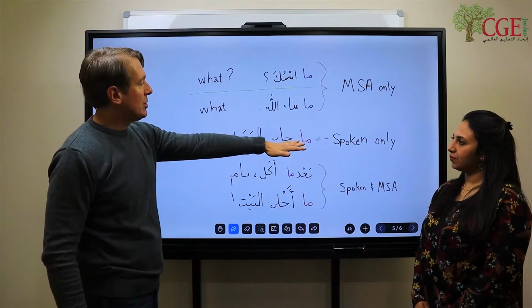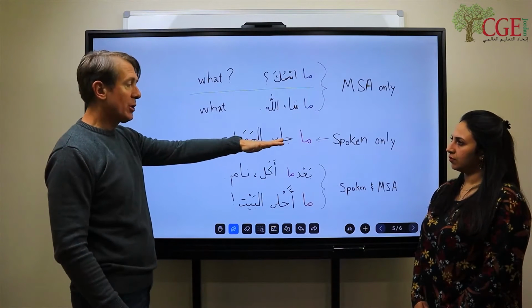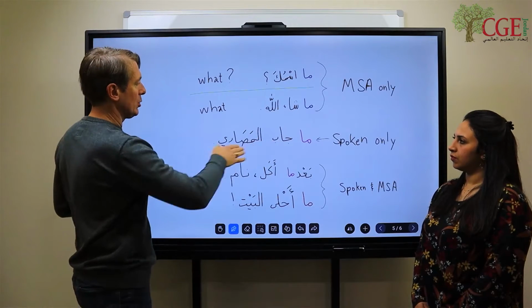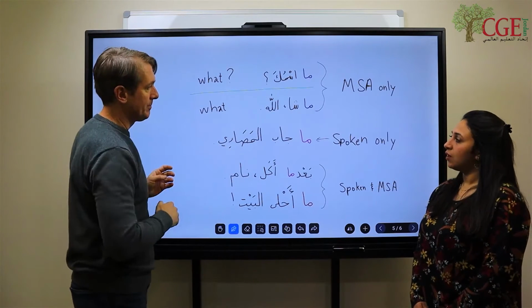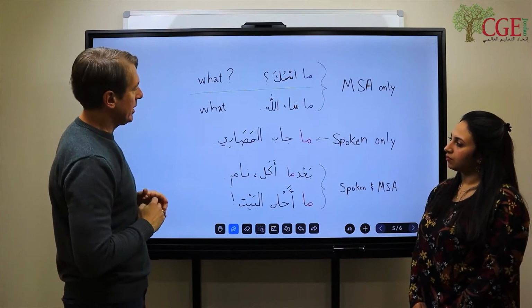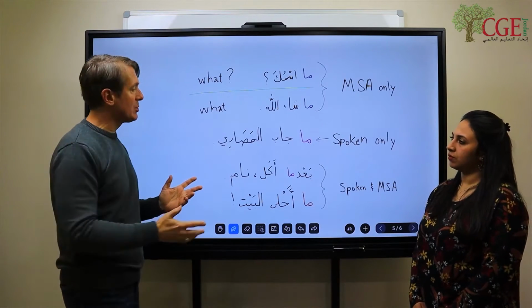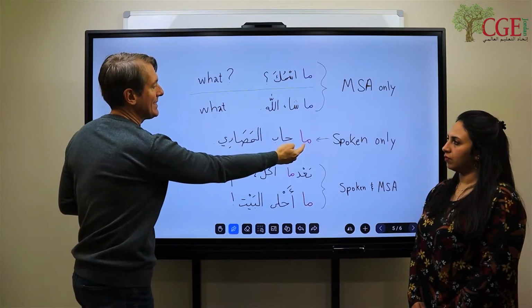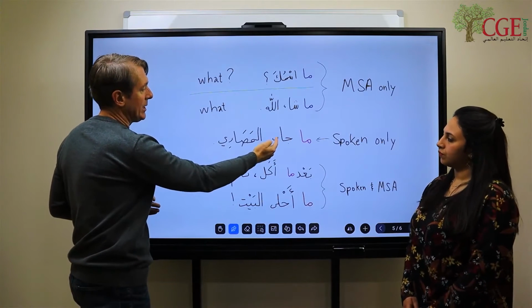This is how it's used only in spoken. You're not going to find this in MSA. So let's read the sentence. ما جاب المصاري. He didn't bring the money. So this is a nefi, a negation.